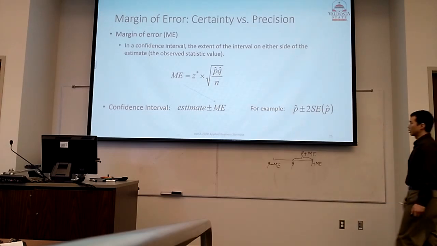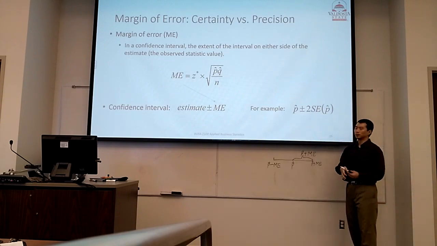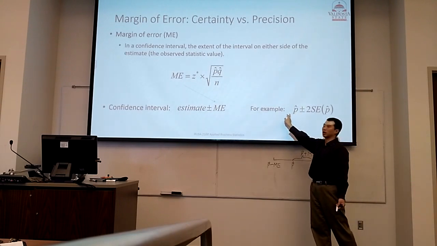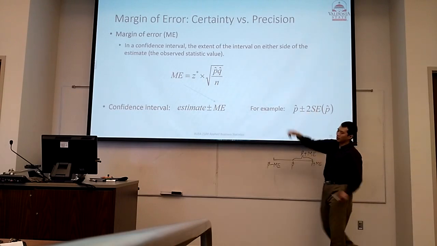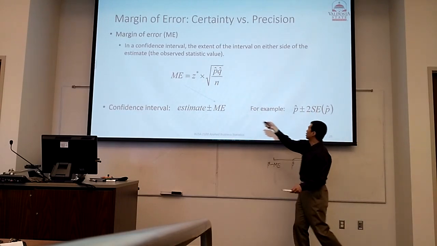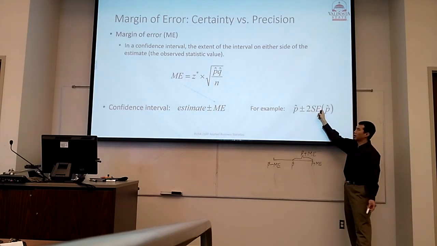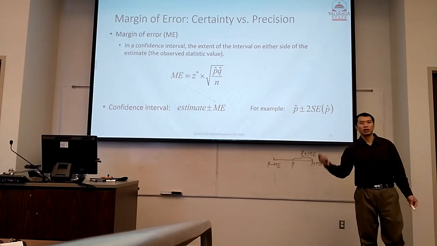This is how we construct our confidence interval. And this is one example. Okay? P-hat is our sample statistic, our estimate, and then the margin of error. In this case, the critical value z is equal to 2. Okay? 2 standard errors away from the sample statistic or the estimate.